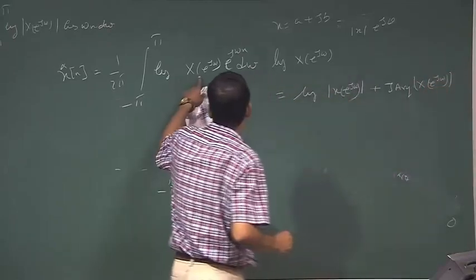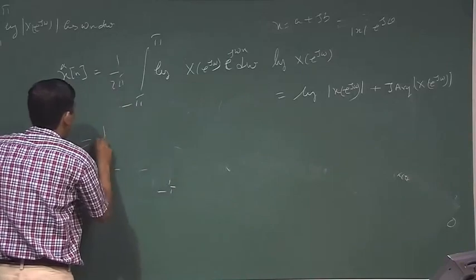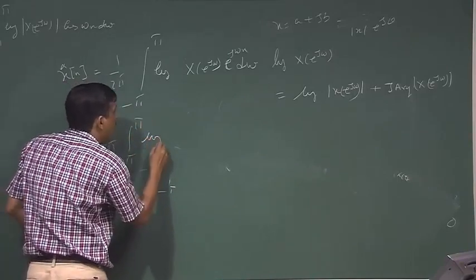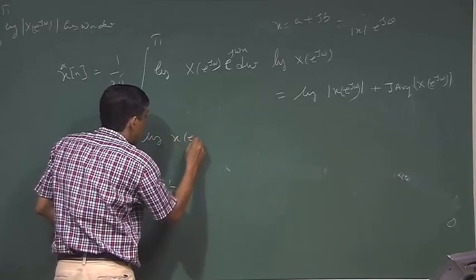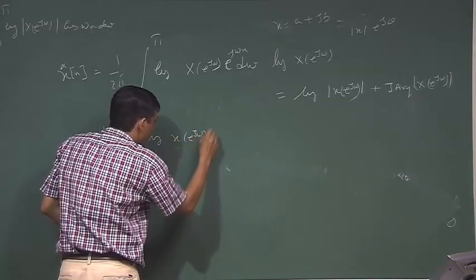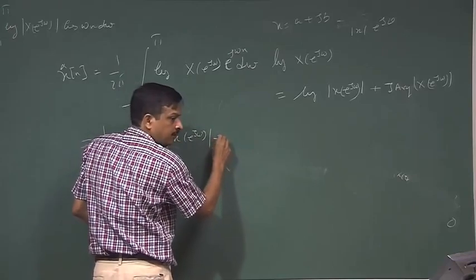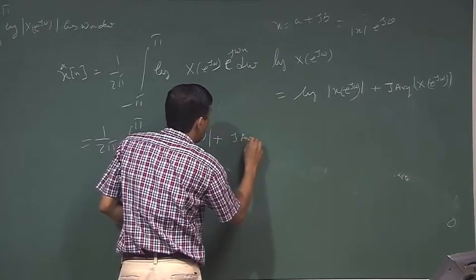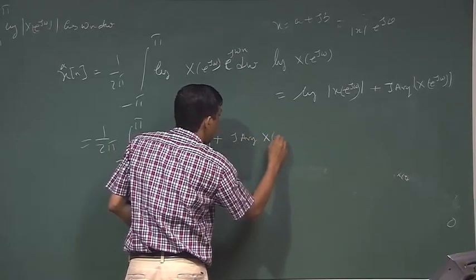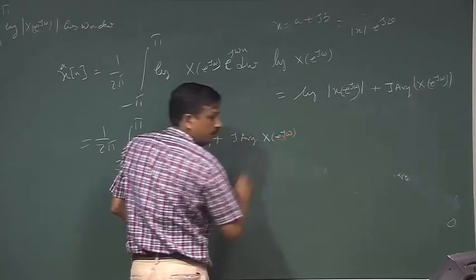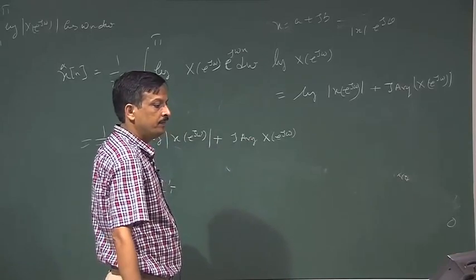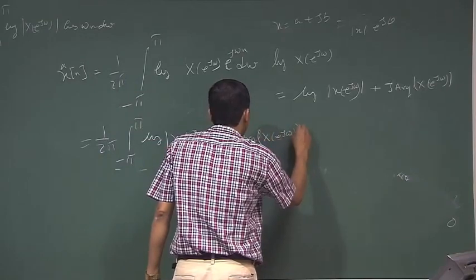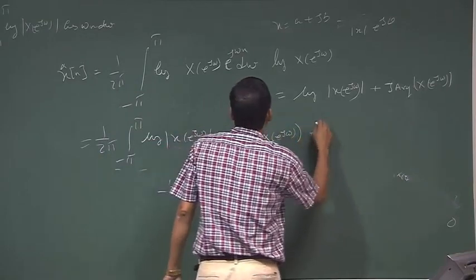So, I can replace this x by 1 by 2 pi, minus pi to pi, log of mod x e to the power j omega plus j arg x of e to the power j omega, into e to the power j omega n.